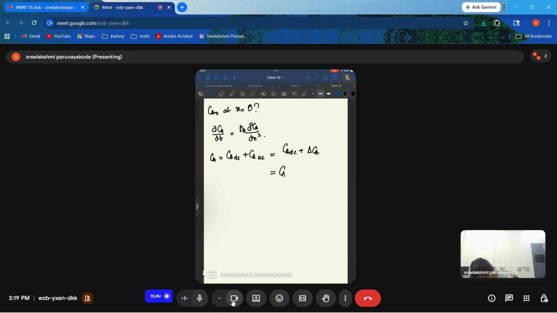Now you can substitute for CA DC plus CA naught exponential j, the same thing we got from here. Similarly, CB becomes CB DC plus CB AC equal to CB DC plus delta CB. And I can again write the same as what I've written for CA.